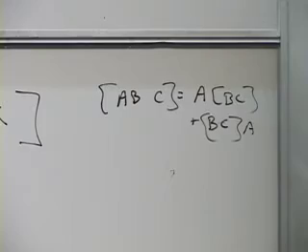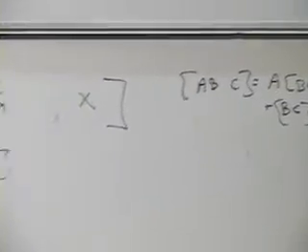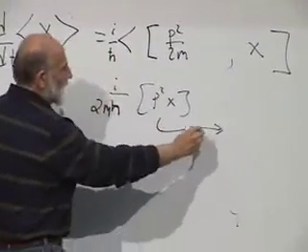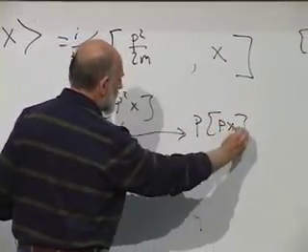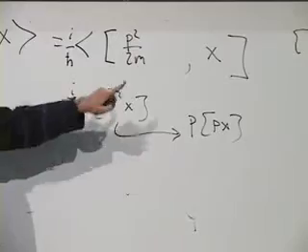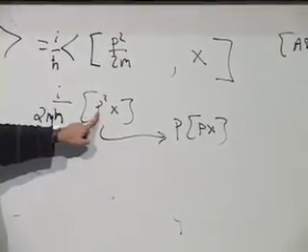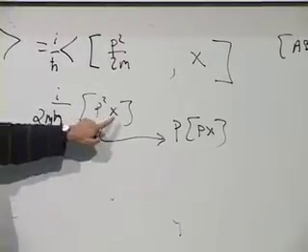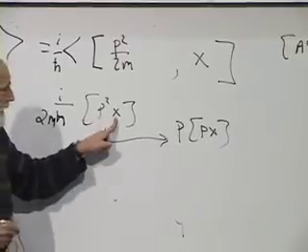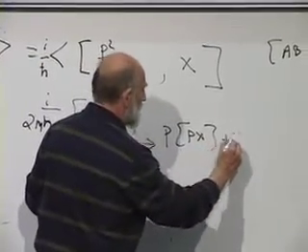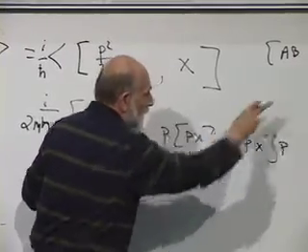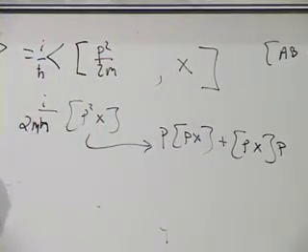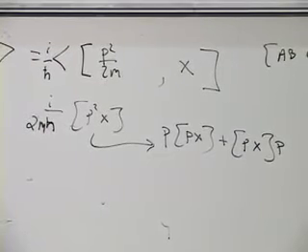So what's the commutator of p squared with x? Just this piece of it here is p, commutator p with x, plus, a and b are both p now, so it's p commutator Px plus commutator Px with p. That's just using it for AB, p squared. Well, what's the commutator of p with x?